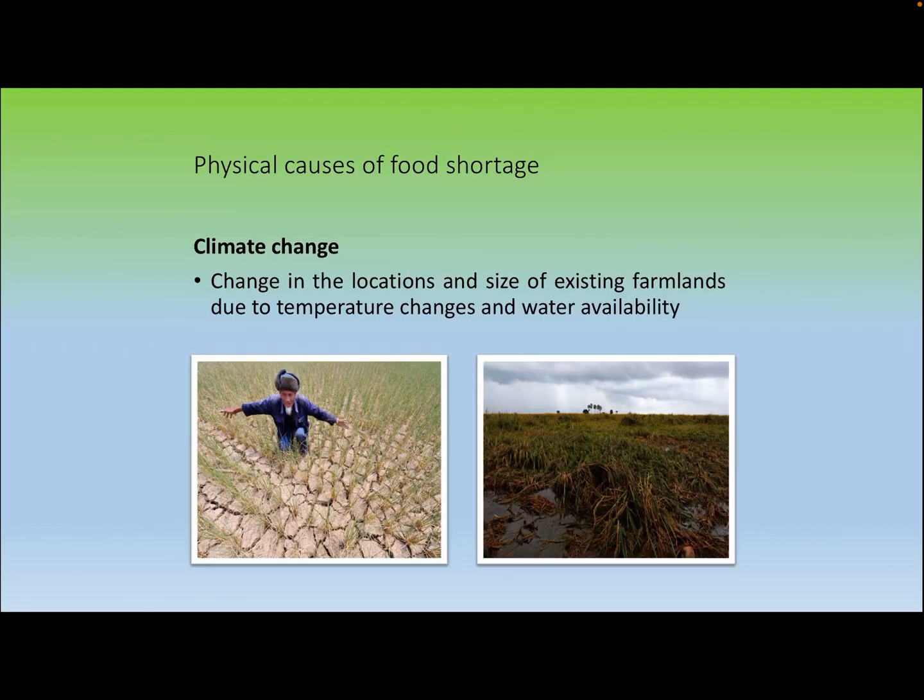So physically, climate change is a very real problem, and with climate change, what the farmers struggle with is that their original crops are no longer suitable for the new climate. Okay, remember we talked about climate change last year in Weather and Climate, where you talk about countries facing upwards of 2 degrees change in temperature.